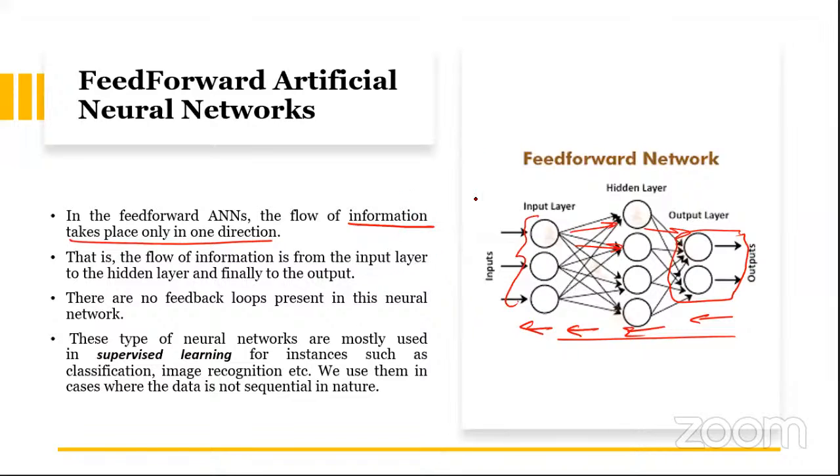Next point: here you can see the flow of information is from the input to the hidden layer and the hidden layer to the output layer. There is no mechanism, or no concept, of a feedback loop. And this kind of network is basically used in supervised learning. So what do you mean by supervised learning?